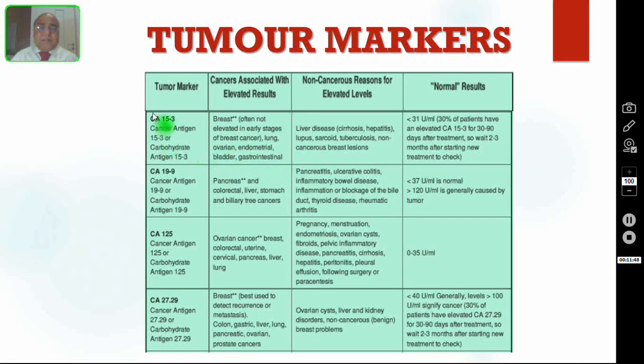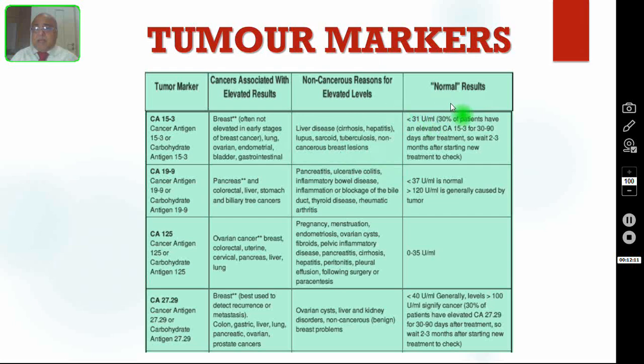So it is not specific only for breast carcinoma. The non-cancerous conditions in which CA15-3 is elevated are liver diseases like cirrhosis, hepatitis, lupus, sarcoid, tuberculosis, and non-cancerous benign breast lesions.